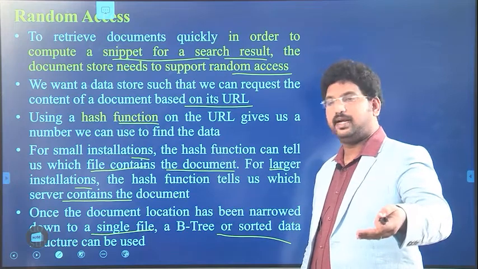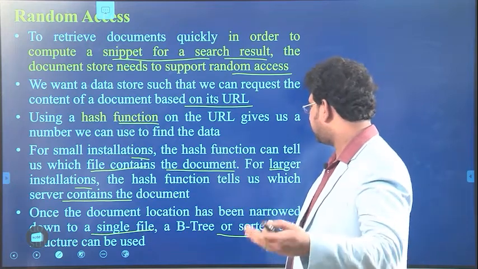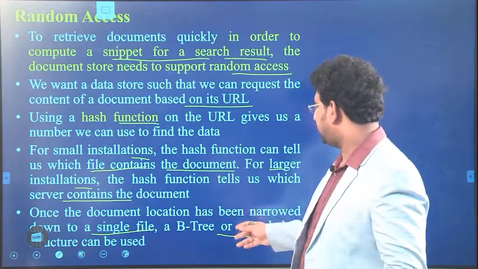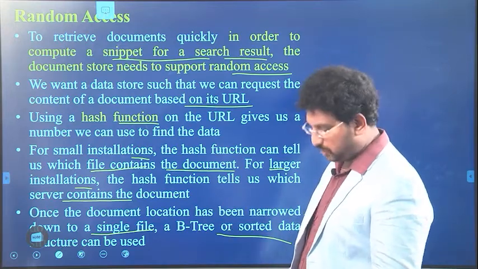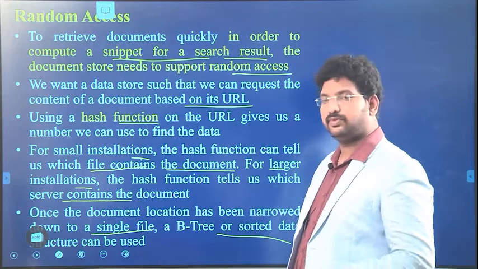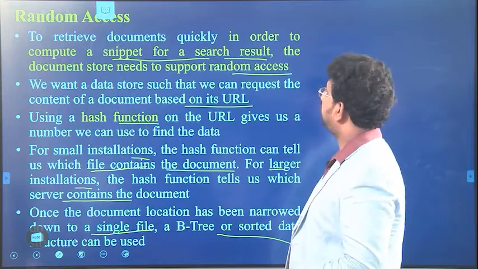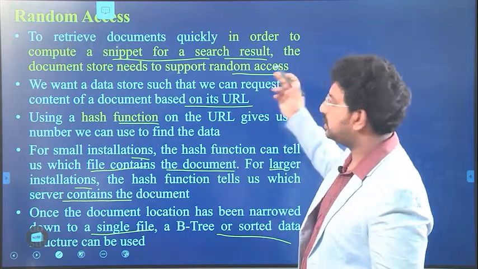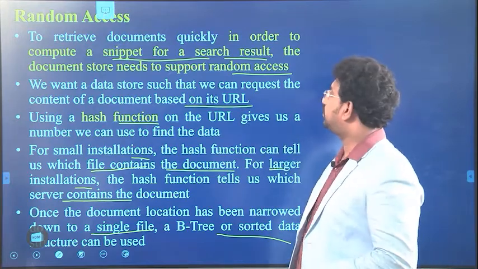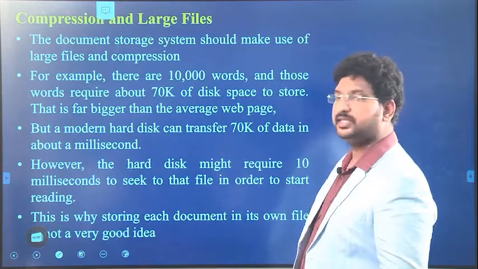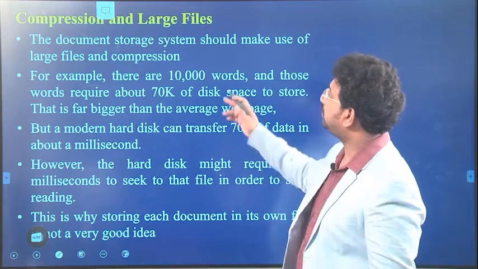So this is about random access. As part of generating the result, in order to compute the snippet for a search result, the document data store needs to support random access.